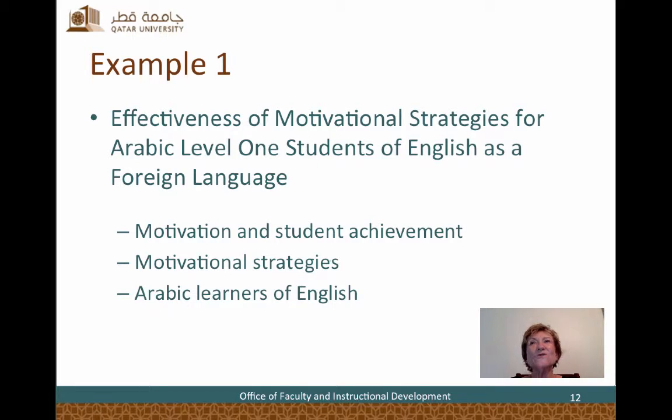Now, what the reader wants to see when they go to your literature review is a set of research that supports the statement that you have made, that is your study.